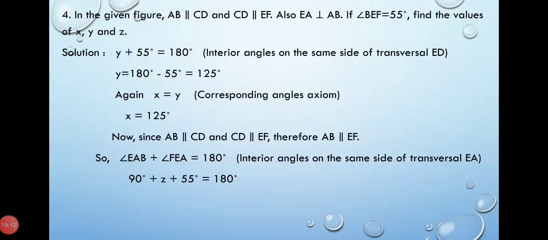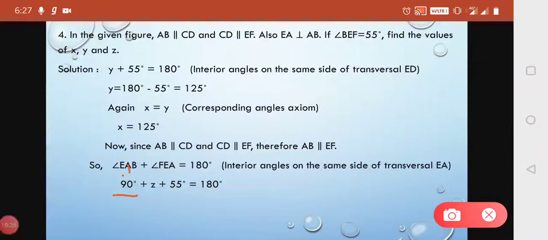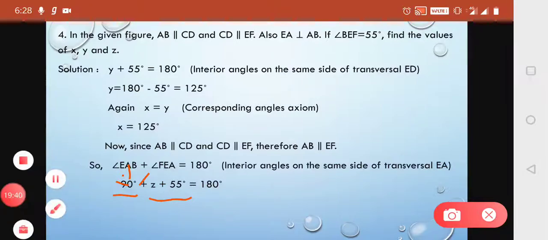Putting the values of both the angles, we get 90 degrees plus Z plus 55 degrees equal to 180 degrees. We know that the value of EAB is 90 degrees, and FEA was divided into two parts, that is Z plus 55 degrees.